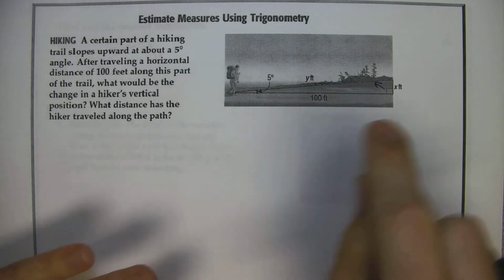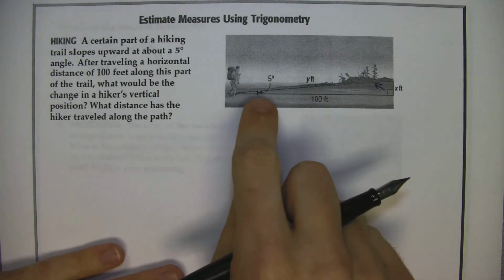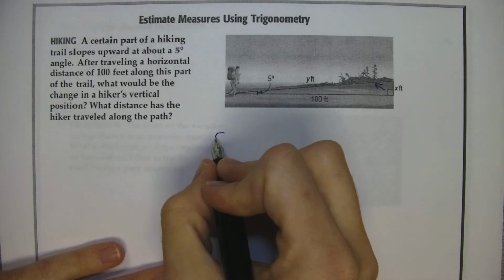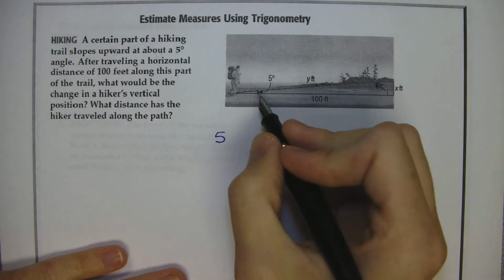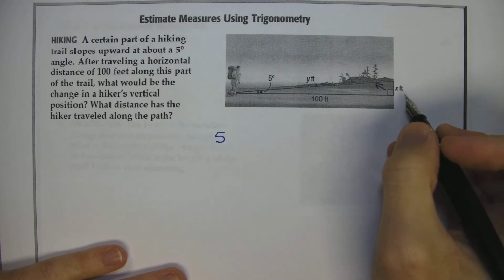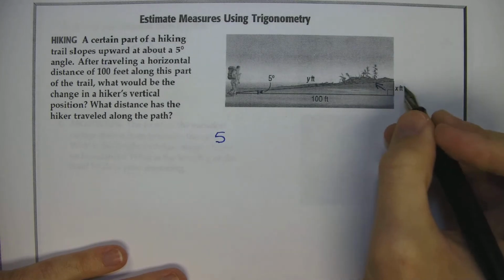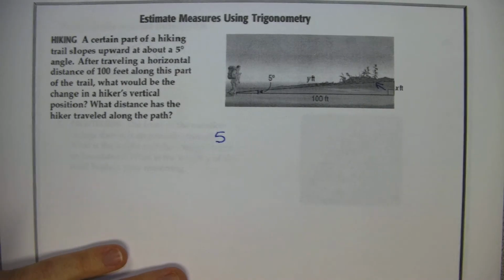All right, so let's figure out the horizontal distance just because we were asked for it first. Notice I'm dealing with this 5 degrees, and I want to figure out x. Well, in this case, from our 5-degree angle, x is the opposite side. So let's think about a ratio that we could create with side lengths that will help us figure out what trig function we're going to use.